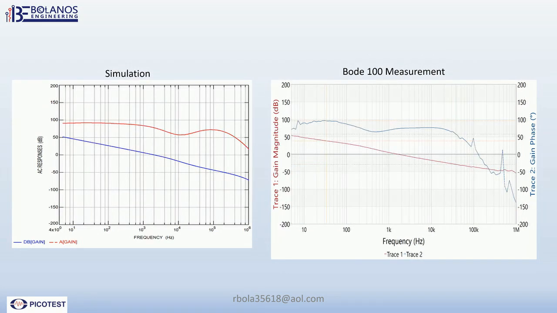And then we have the simulation of the loop response, which, if you notice right here, is crossing at about 2 kilohertz, and it's about 75 degrees phase margin. Here it's close to 2 kilohertz, again about 75 degrees. And here you have a gain margin, let's say about 40 dB.